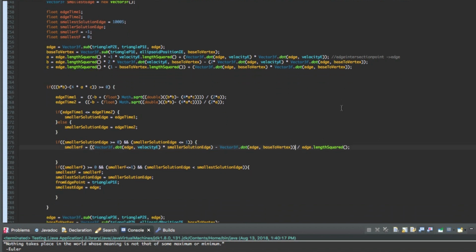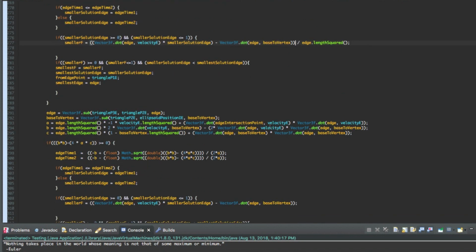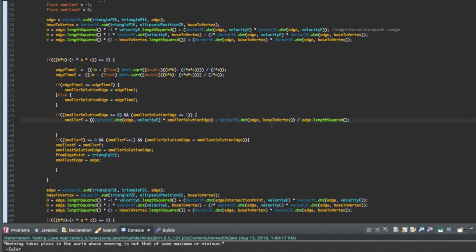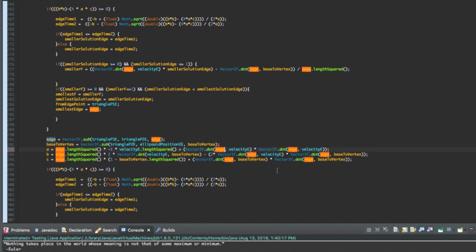So we need to go through and do that for all of the A terms and all of the smaller f terms rather. So A, we need the vector 3f dot edge there. So that's all correct. And we need to divide that b term by the edge.lengthSquared.